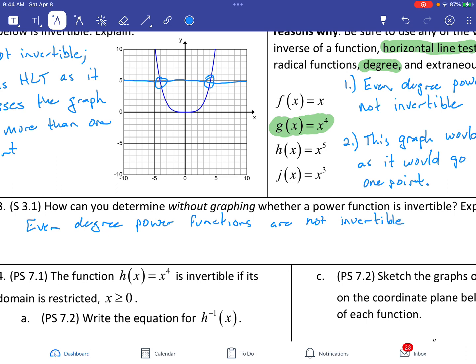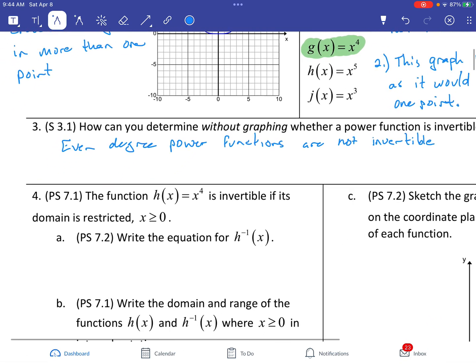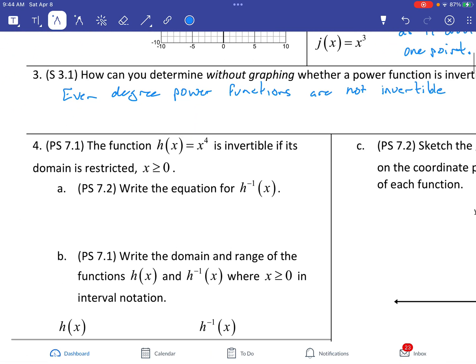All right, question 4. The function h of x equals x to the 4th is invertible if its domain is restricted. So this kind of breaks the rule of question 3, but we're cheating because we're restricting the domain to be x is greater than 0.